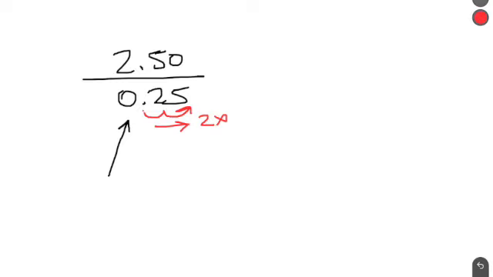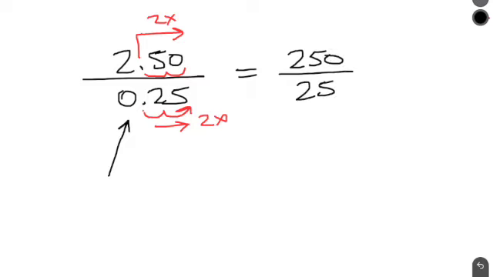Since we move it over 2 times in the denominator, we do the same thing in the numerator. We move our decimal place over 2 times, and that means this problem now becomes 250 divided by 25.